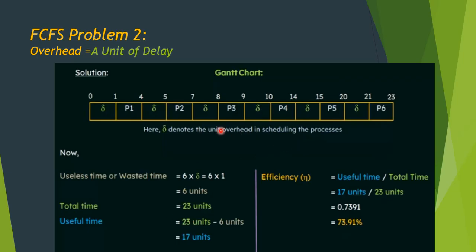Because of this added 6 units of idle time, we had to spend 23 milliseconds. So the efficiency would be the useful time over the total time. The useful time is 17 over the total time, which is 23, which gives us 73.91% efficiency.